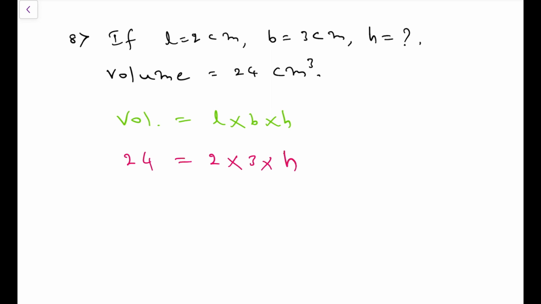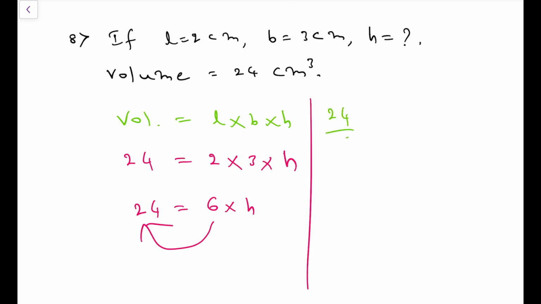So write H as it is. 24 equals 2 into 3, 6 into h as it is. Now we need to find the h value. So take 6 this side, multiplication will become division. 24 divided by 6 equals height. So height of the cuboid will be 24 by 6, which is 4 centimeters.